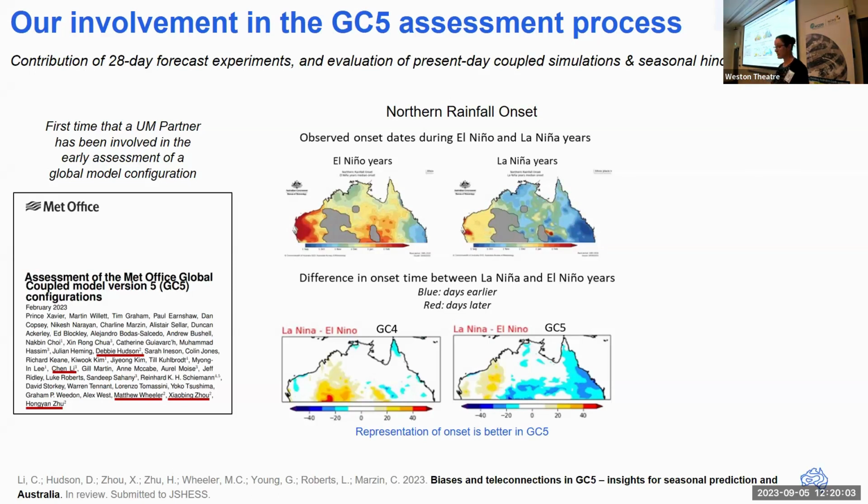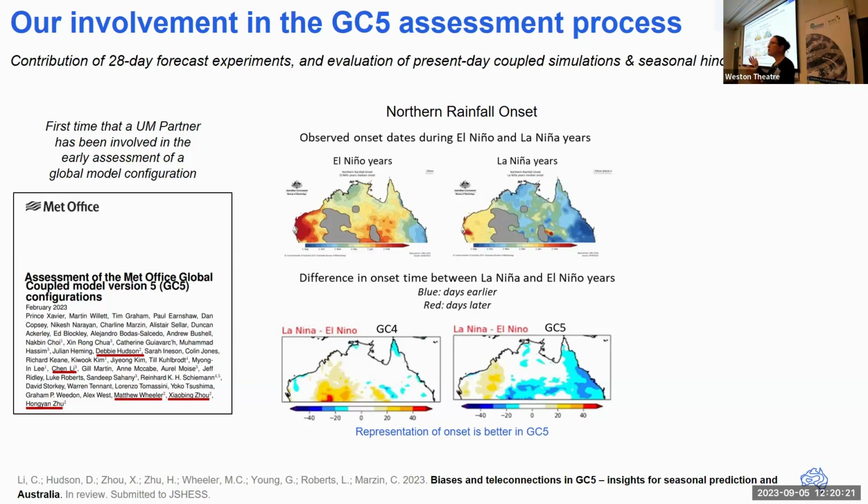This diagnostic was developed in conjunction with users, and it represents when there's a 50 millimeter rain accumulation after the 1st of September. Essentially that's when you start seeing pasture growth after the dry season.